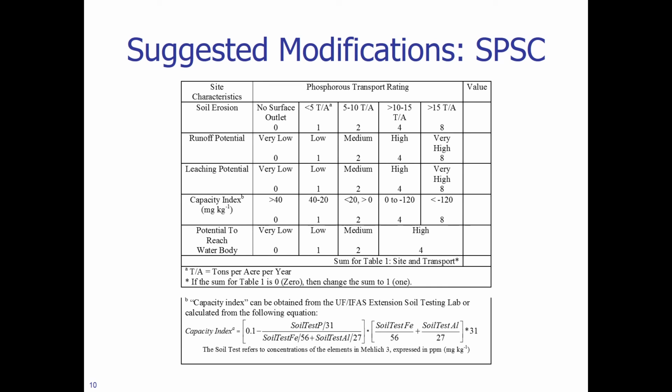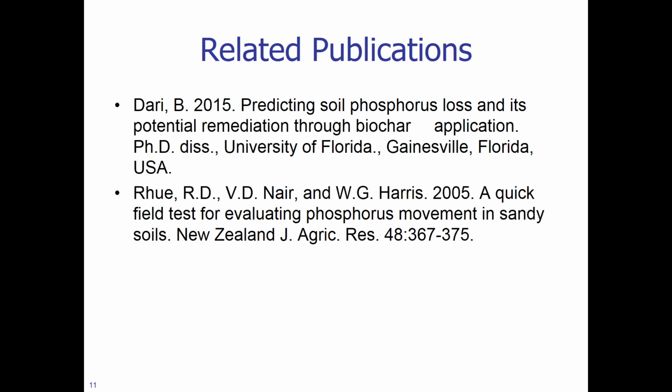We are thinking the P index is a work in progress, and this is one of the suggested modifications based on new research information. Here we have a couple of related publications. The first relates to the biochar applications, and the second relates to the QPT, the quick P test.